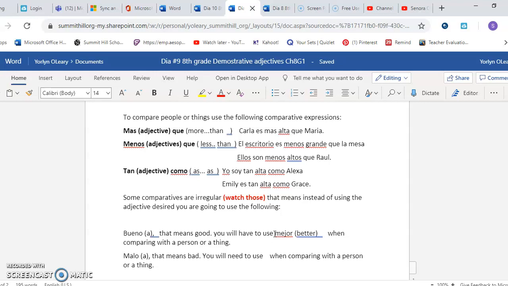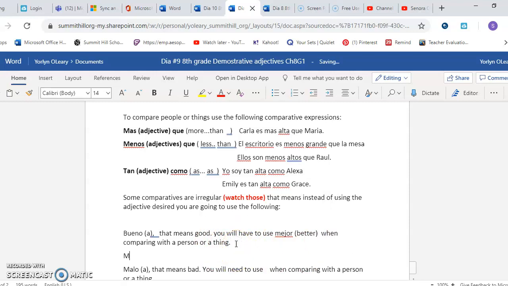El sandwich es mejor que la hamburguesa. That is an example of how or when to use this. And I'm going to put it right in here. We don't say gooder, so that's why we don't use bueno. Here's your example. I'm going to put modelo. Modelo is the example, your model. I'm going to say el sandwich es mejor que la hamburguesa.